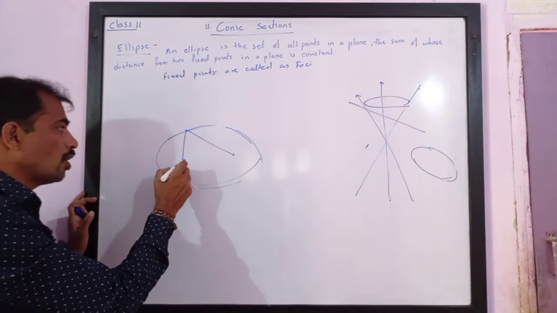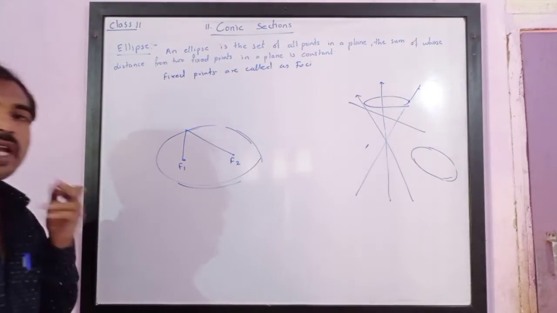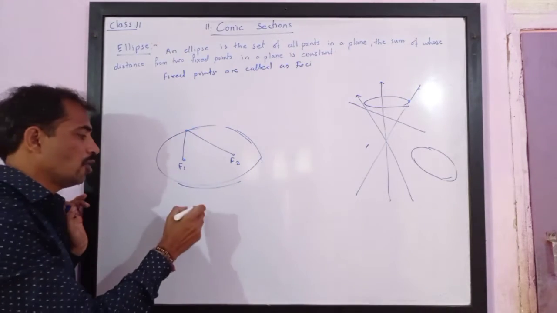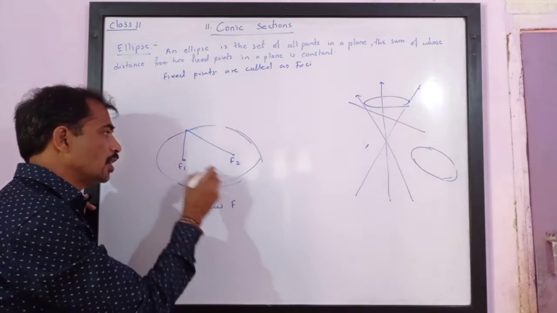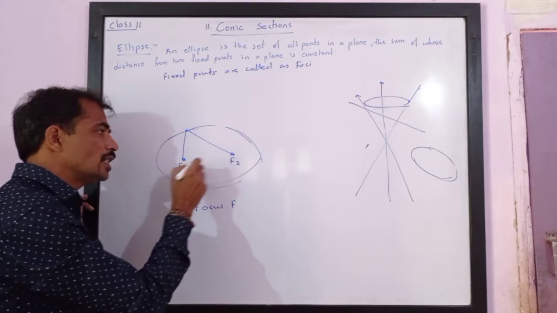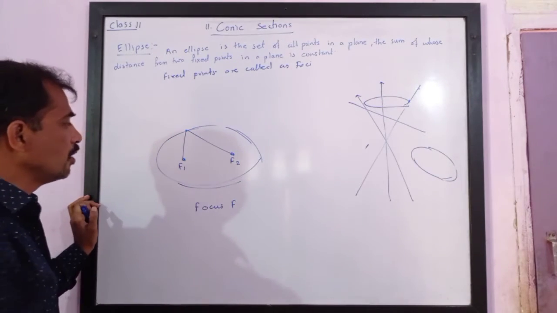The fixed points are called foci, normally denoted by F1 and F2. Please note, we were denoting focus with the letter F. Here there are two focuses, so the word is plural, foci, for F1 and F2.